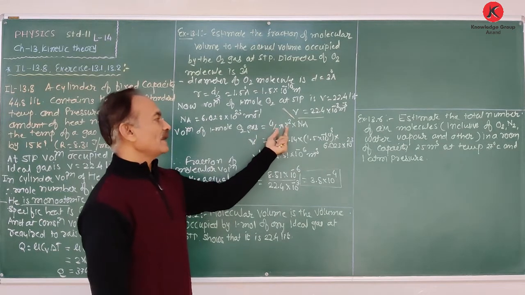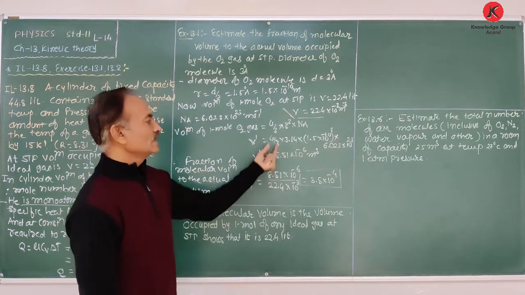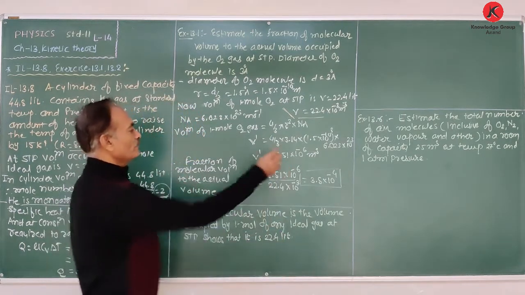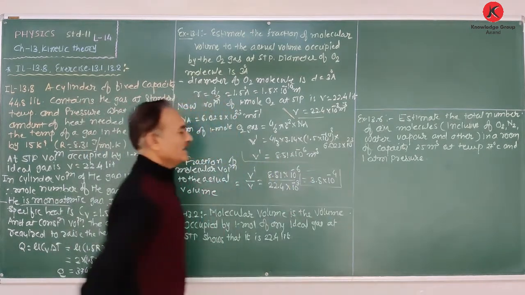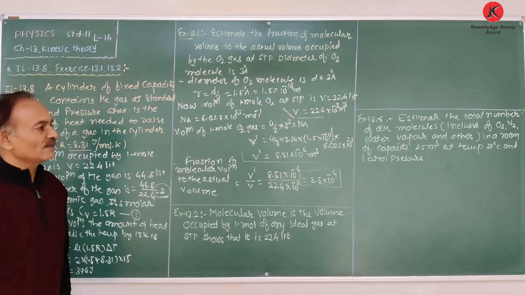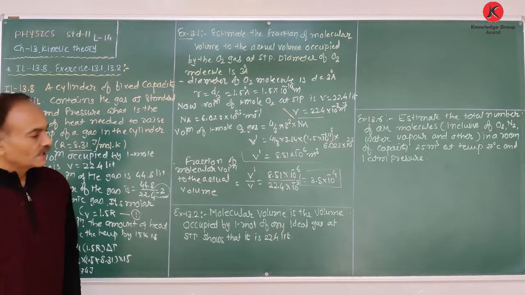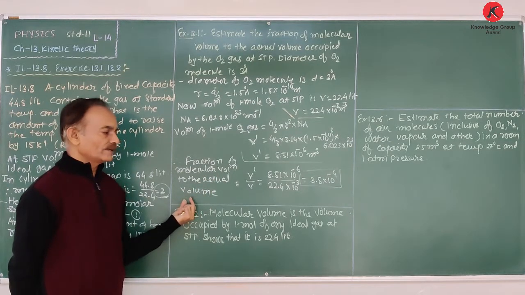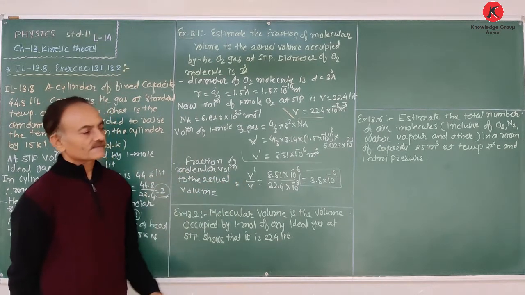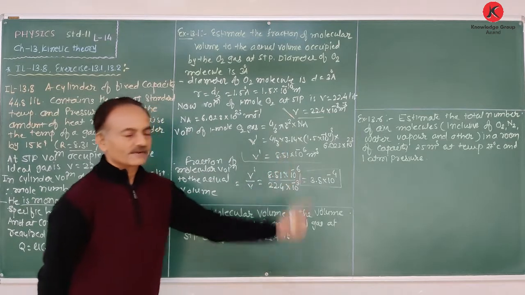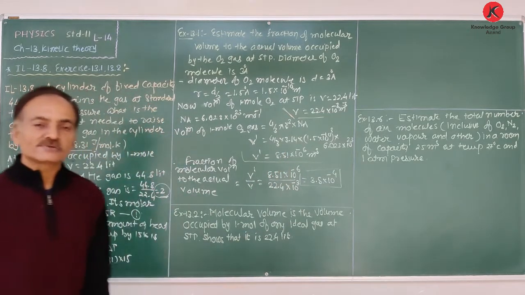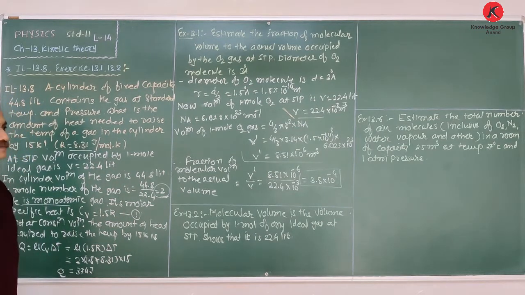So 4/3 πr³ into Na. As we substitute the values, we obtain the molecular volume V dash equal to 8.51 × 10^-6 meter cube. Now, the fraction of molecular volume to the actual volume is equal to V dash upon V, calculated value upon standard value. So the fraction of the volume is 3.8 × 10^-4.